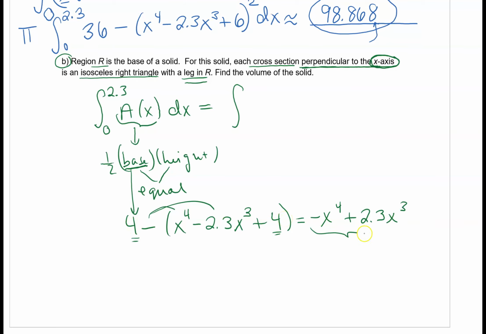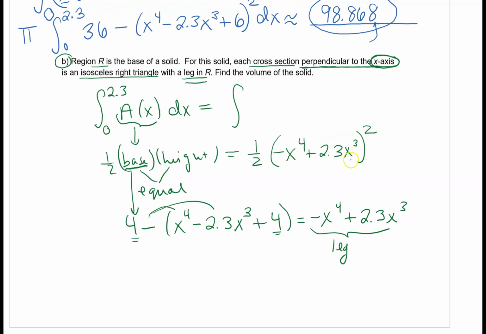So this is going to give me the leg of the triangle, but the leg is equal to the height of the triangle. So to get the equation for my area of the triangle, I'm going to do 1/2 this times itself, or 1/2 times negative x to the 4th plus 2.3x cubed, squared.